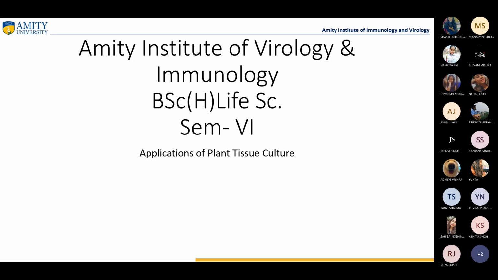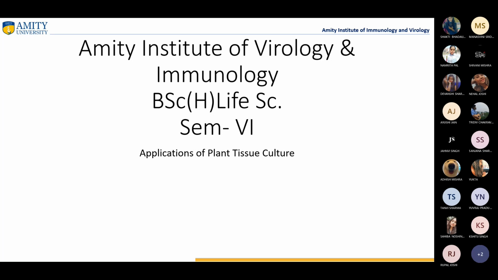Totipotency. Yes, Namrita, totipotency. We discussed that time also that the basic concept is totipotency, redifferentiation, and these things. But the basic is totipotency, which means the potential of any living plant cell. So any plant cell can develop into an entire organism.